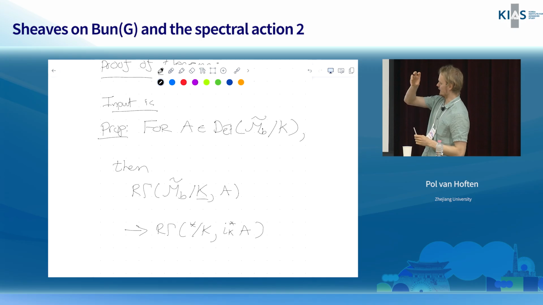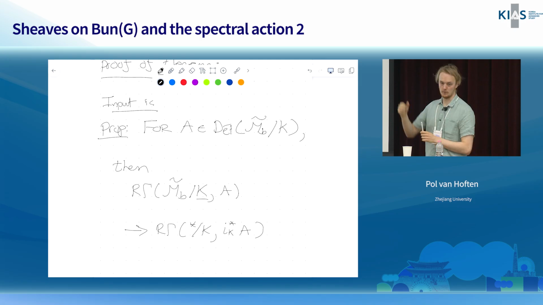So I take my bundle, I restrict to point mod K, and I take cohomology there.